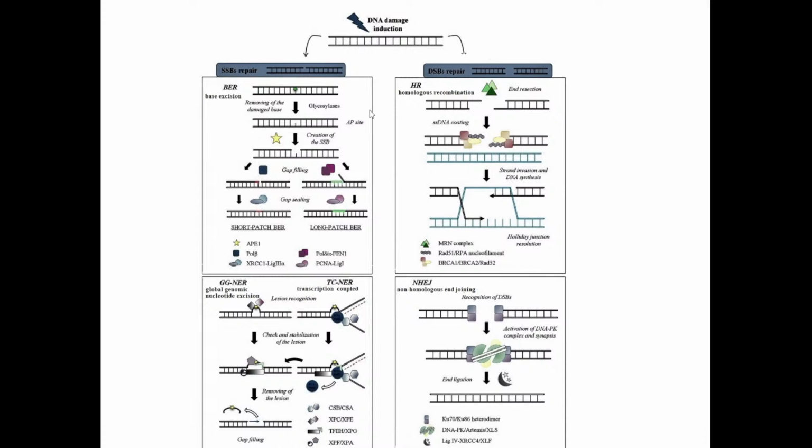More serious are mutations in double-strand damage, and repair will depend on the stage of the cell cycle. If it happens in a period of the cell cycle when the cells have a double set of chromosomes, in S phase or G2 phase, then homologous recombination will be realized.